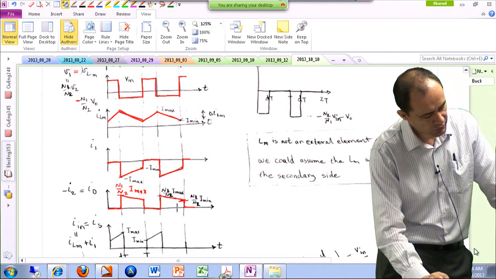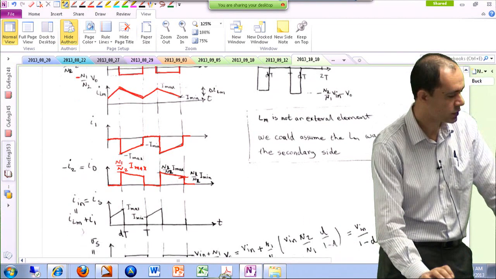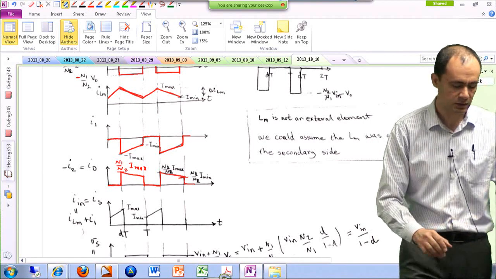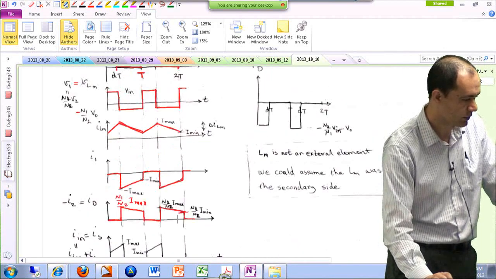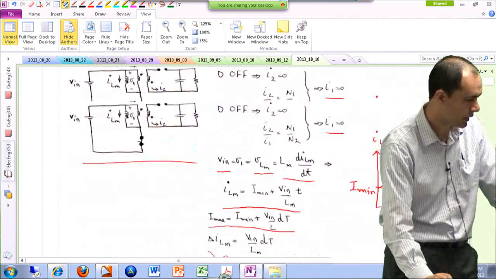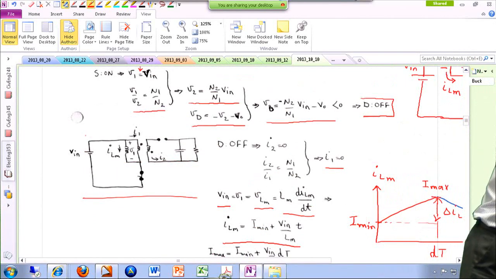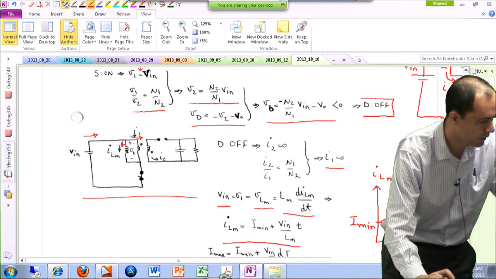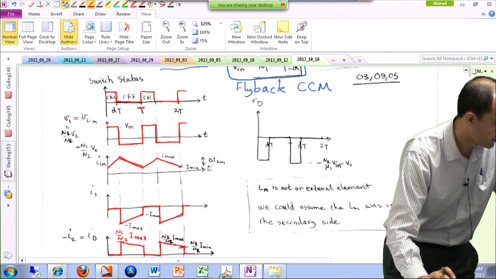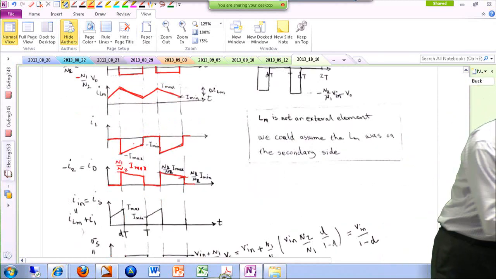What about the input current or the switch current, which is the sum of the magnetizing current and the primary side current? So if you're looking at this input current over here, you should basically look at this current and then add it with this current. Okay, and we have both of them. We have I1 over here.